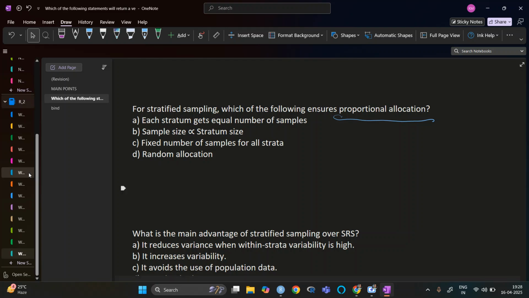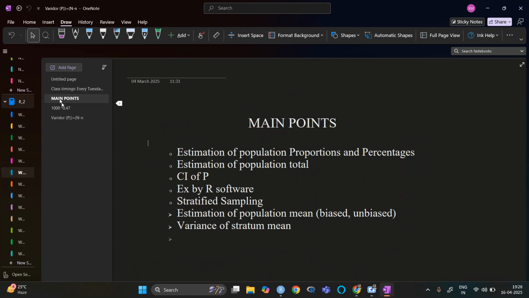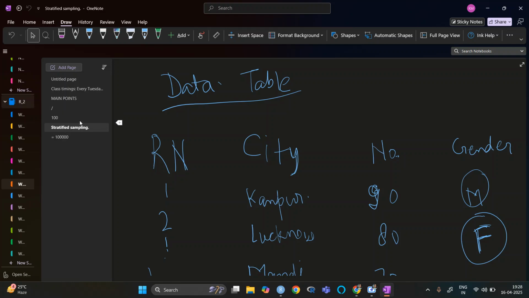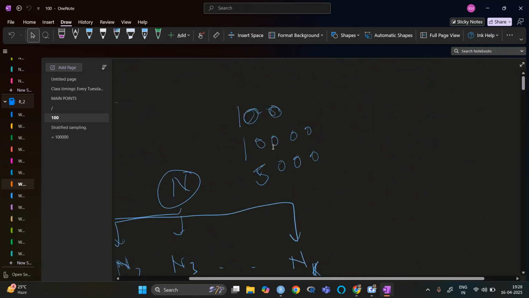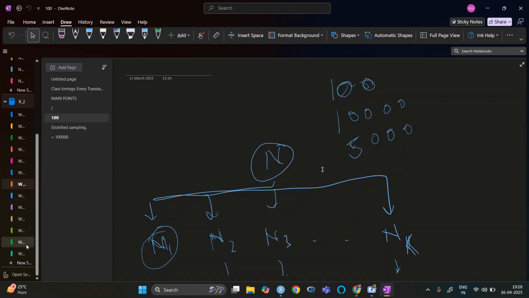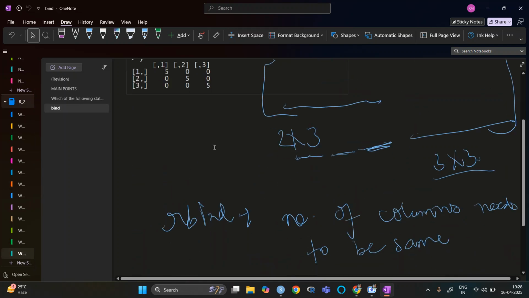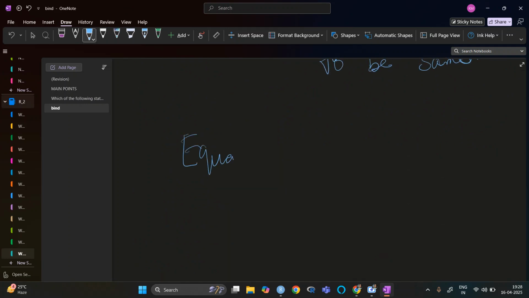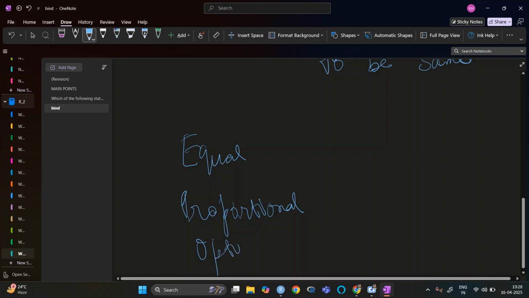Let me repeat this one. Proportional allocation means the sample will have proportional representation. You basically have three types: first equal, proportional, and then optimum.